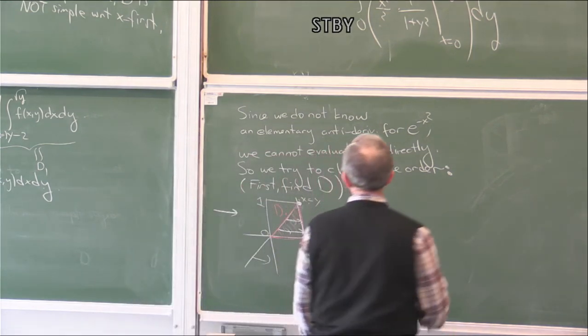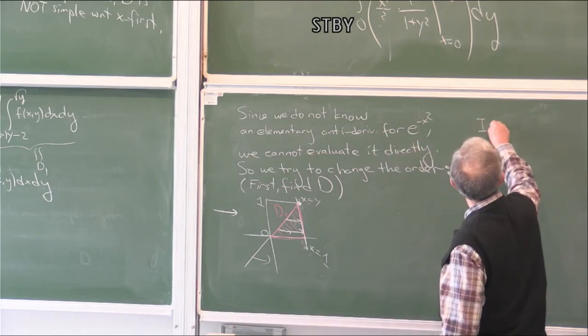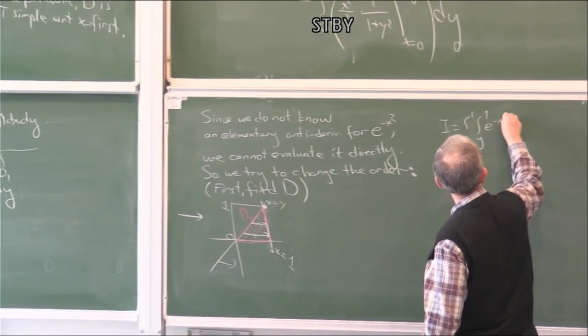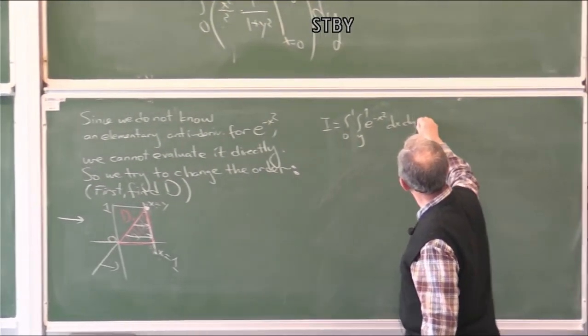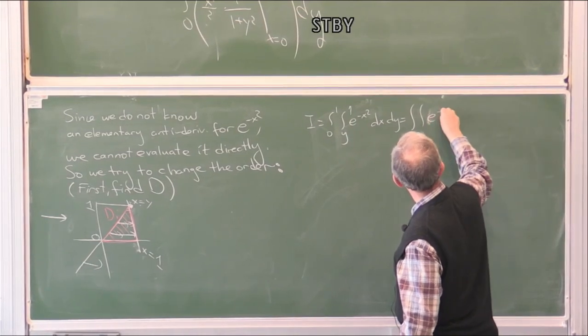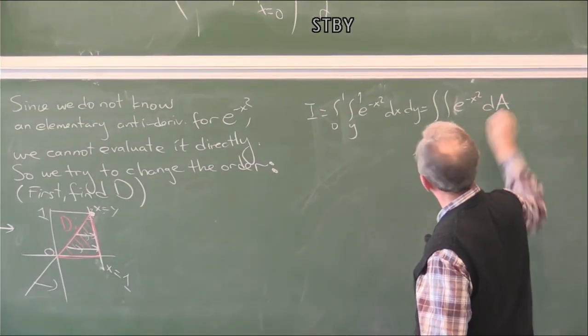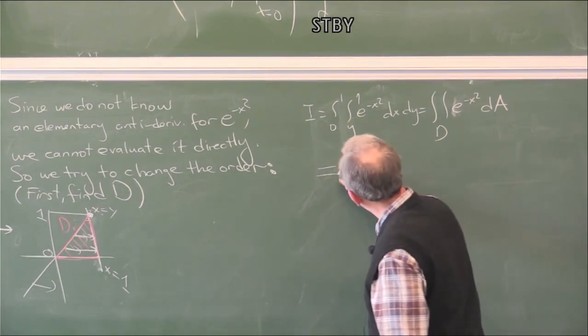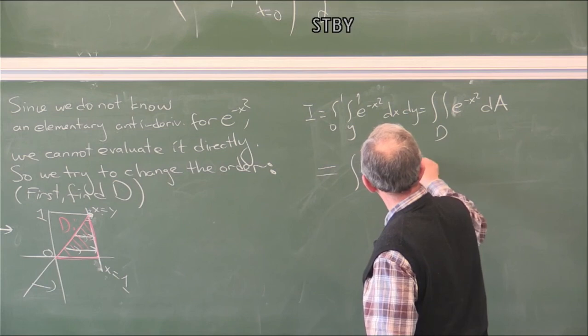Now, let us write our integral 0 to 1, y to 1, e to the minus x squared dx dy as integral over D, e to the minus x squared dA, because it's exactly that. And now let us change the order.